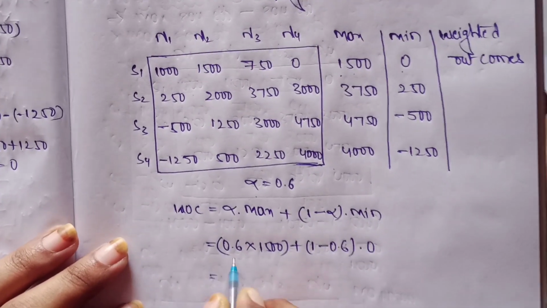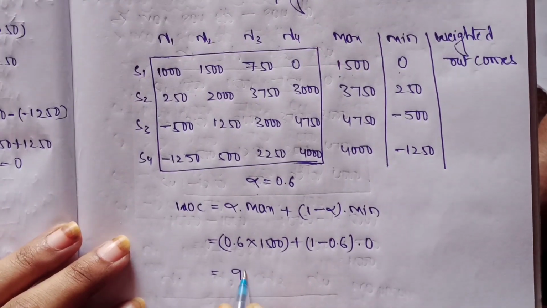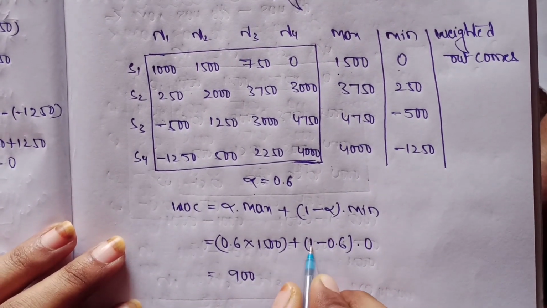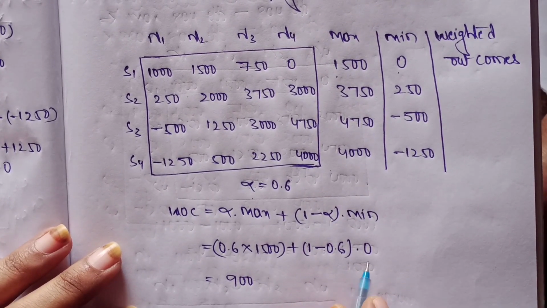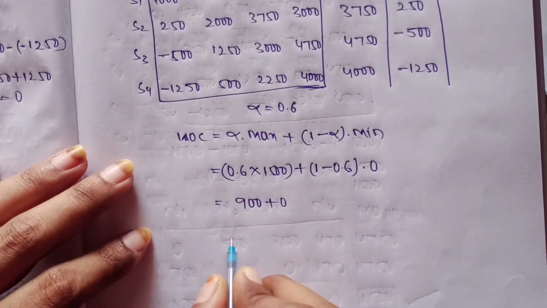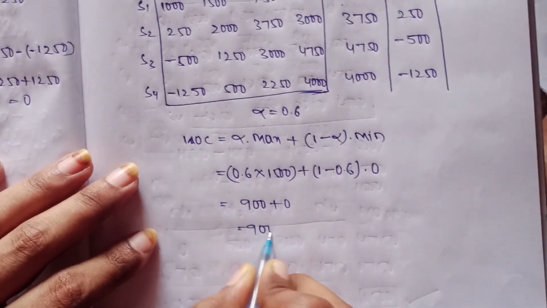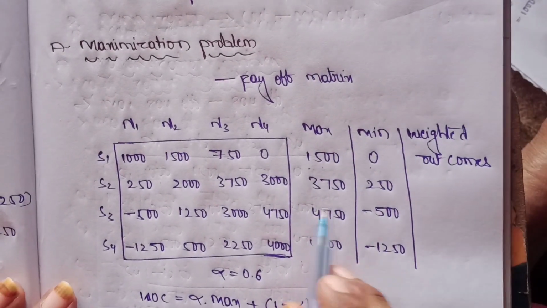So 0.6 into 1500 is equal to 900, plus 0.4 into 0 is equal to 0. Here the value is 900.